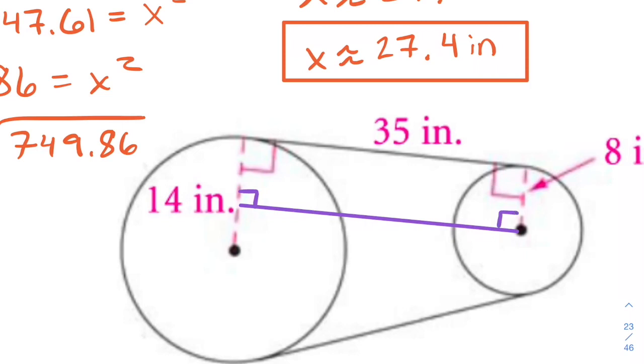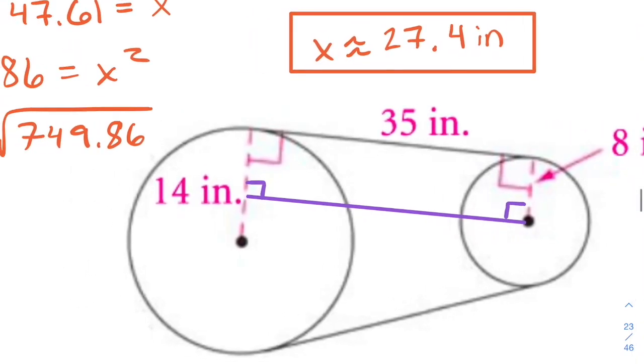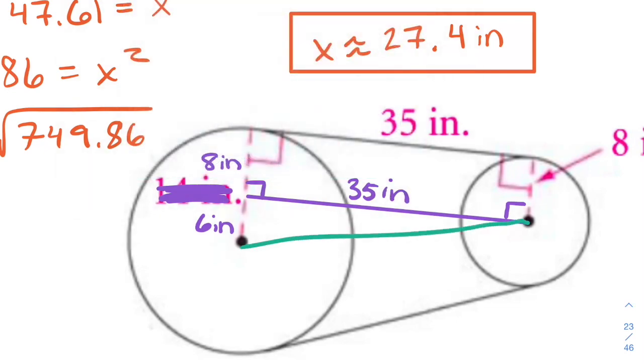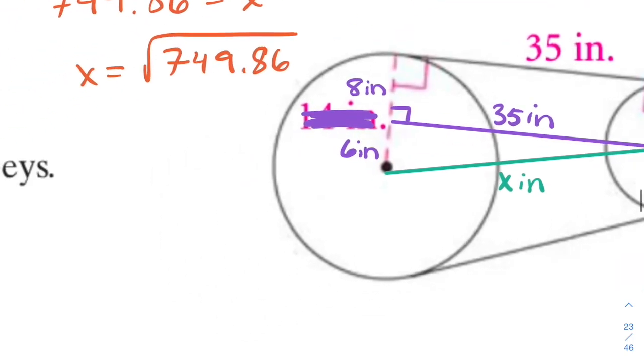All right, so we're going to do the same thing. 8 and 8 inches. That's going to make it 6. So that whole length was 14, but just doing it quickly, 14 minus 8 is going to be 6. So we have 6 and we have 35 inches here. And we're going to try to find the length of this in inches.